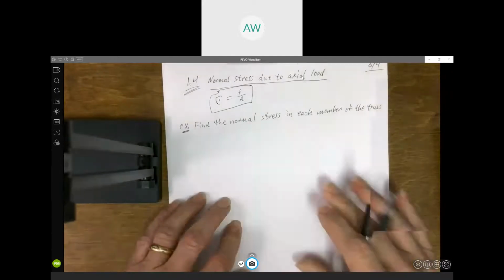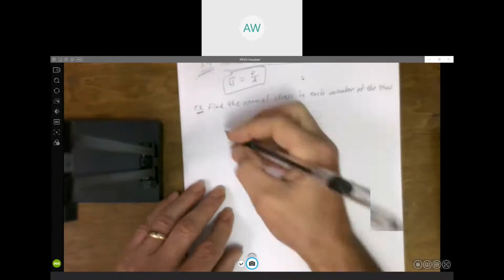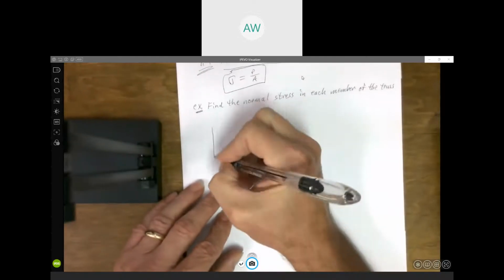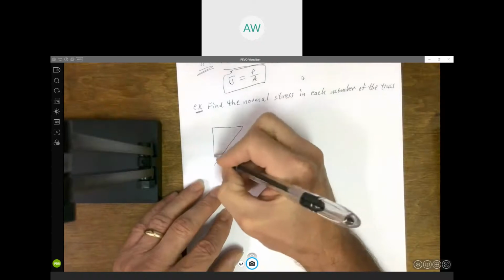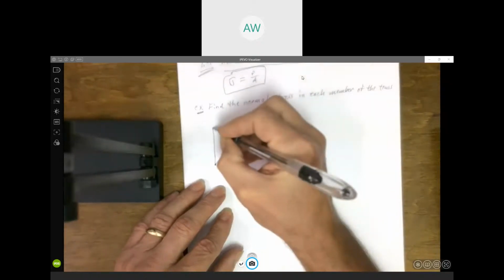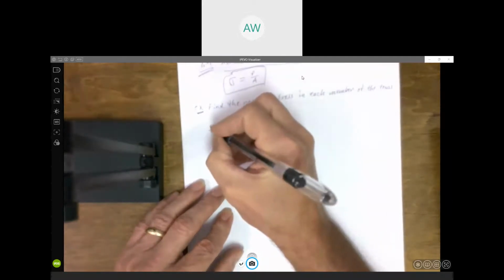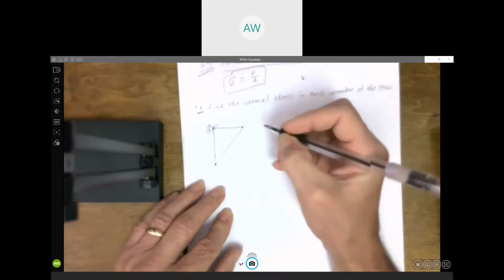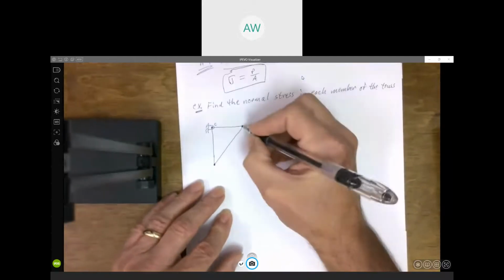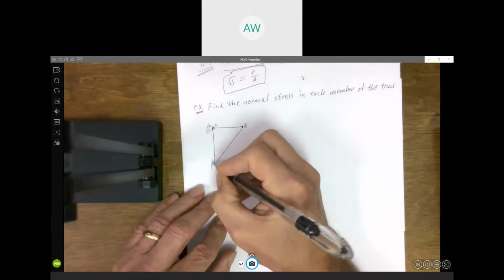All right. So our truss is not a big truss. It looks like we've got three members. And we've got a pin support here at joint C. This is joint B. And here at A, we've just got a roller.